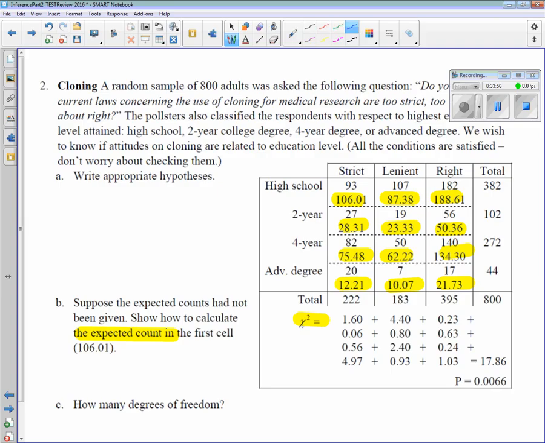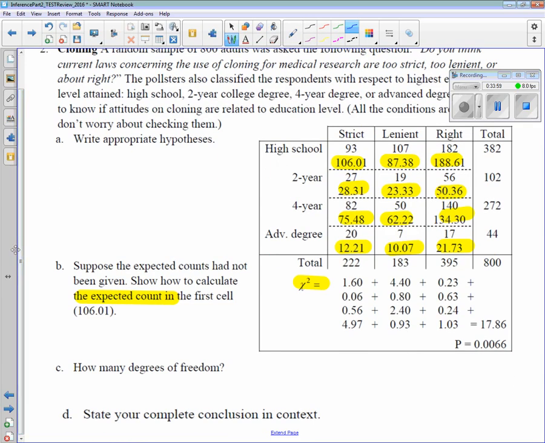Now, when we did this before, I said to take your row total and divide it by the number of categories, if you remember. But that was only if the number in each row, or each column, sorry, was the same. If you notice here, they're not. Would you agree? So you actually have to have the same proportion.